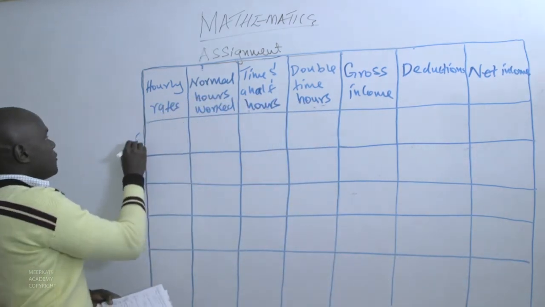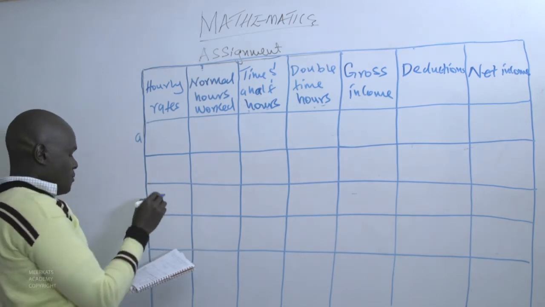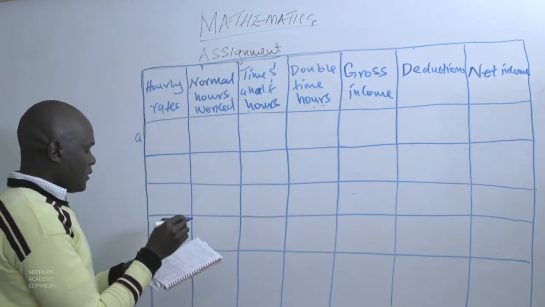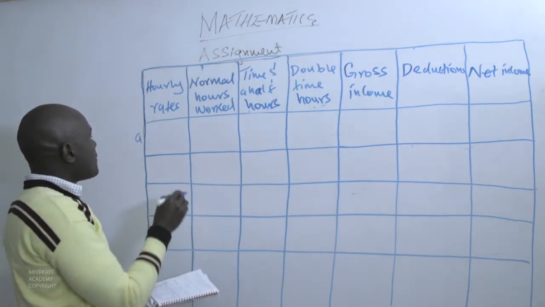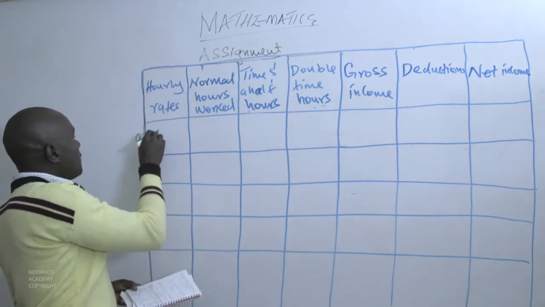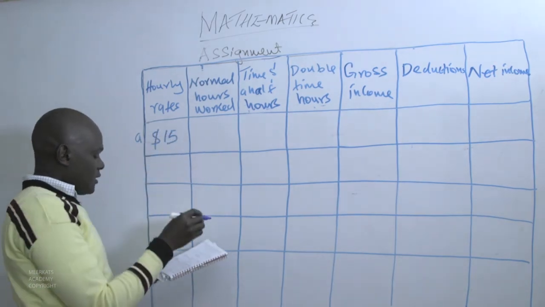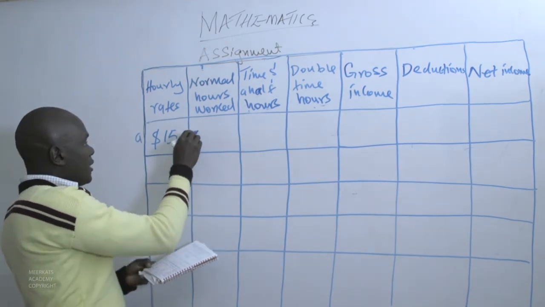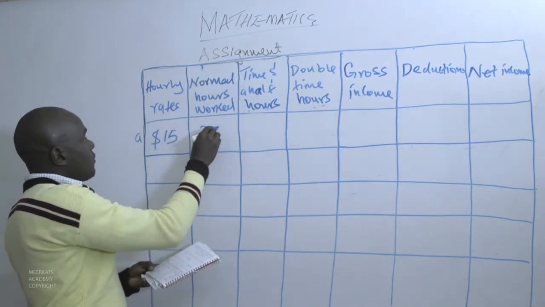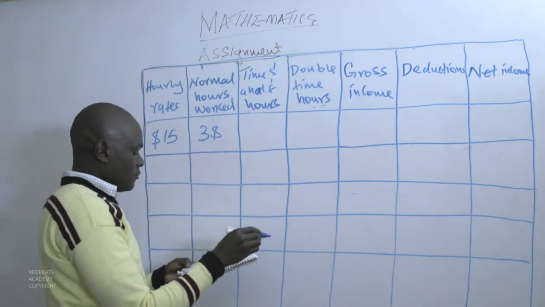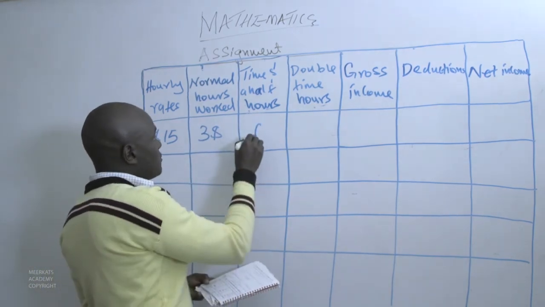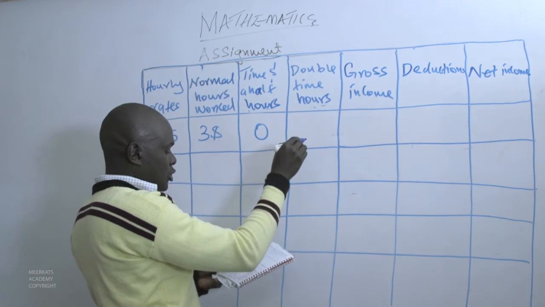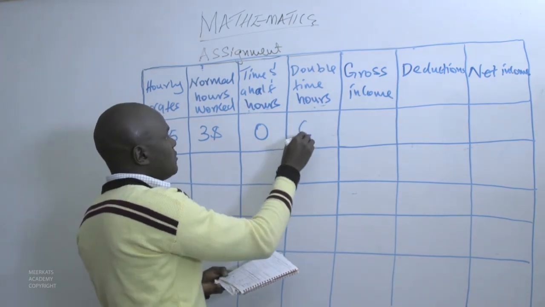And in the first row, the hourly rates are $15. Normal hours worked are supposed to be 38. Time and a half hours, none. Double time hours, none.